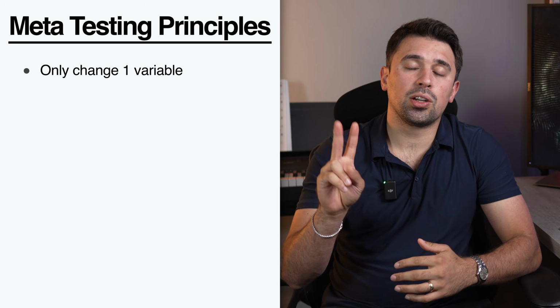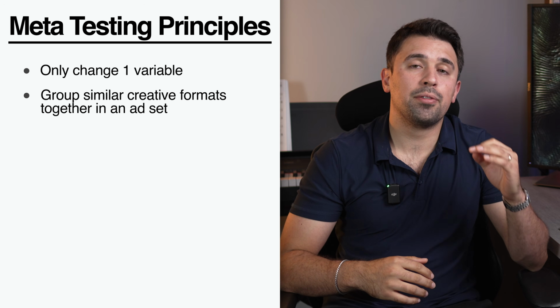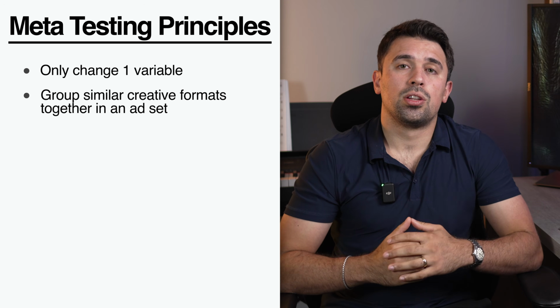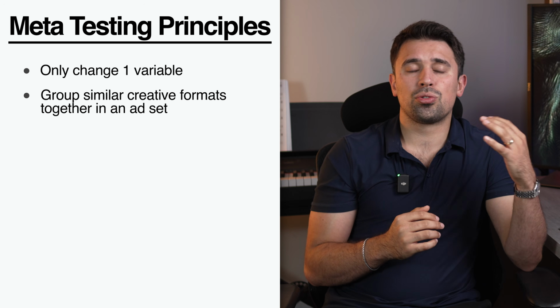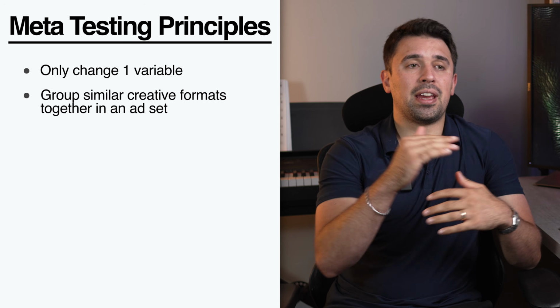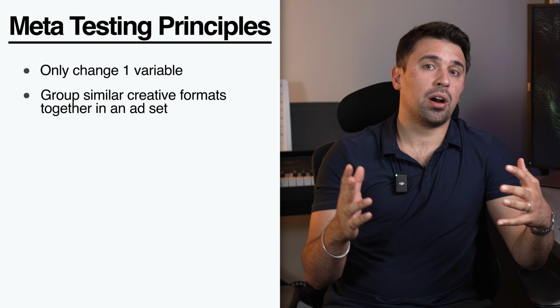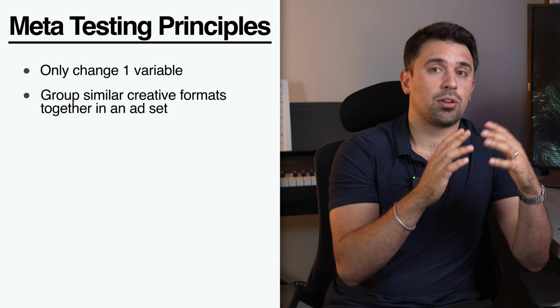The second core testing principle is that you should group similar creative formats together in an ad set. For those of you that don't know, Meta's algorithm doesn't treat all creative formats the same. I've found that it tends to favor certain creative formats over others, and it will push spend towards specific creative formats.